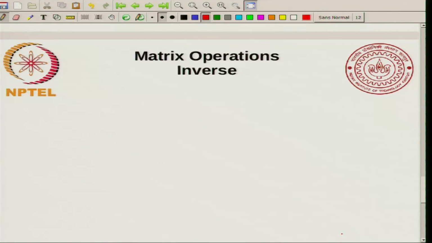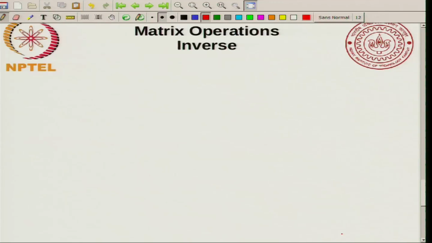The next operation for matrices has to do with the inverse, and this is only for square matrices.